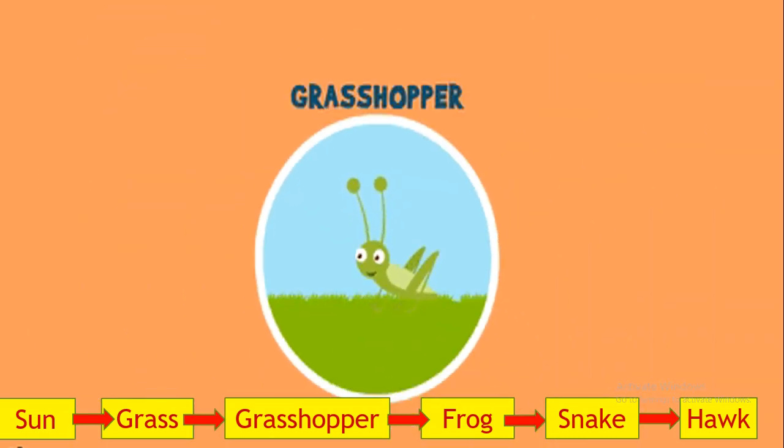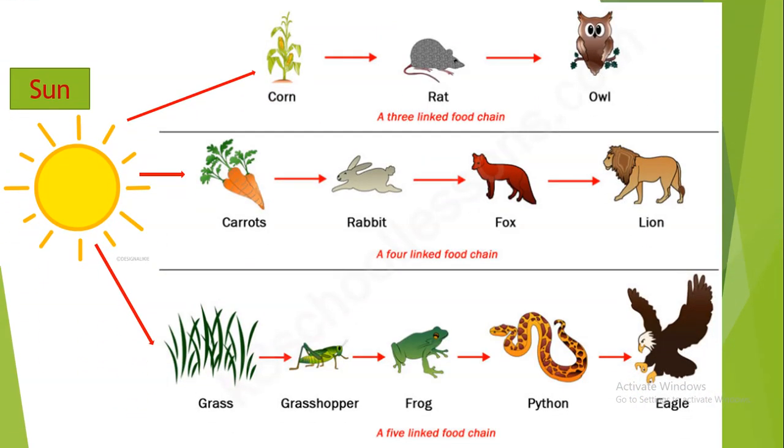Okay? Now, these are examples of food chains. As we said, they all begin with the sun. Corn, rat, owl. Sun, carrots, rabbit, fox, lion.